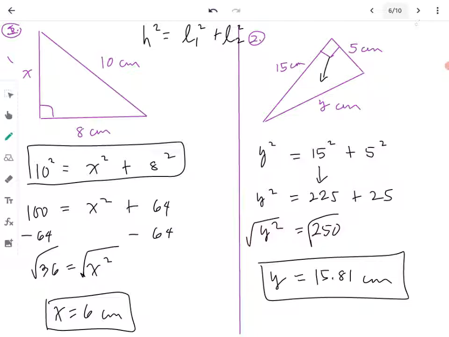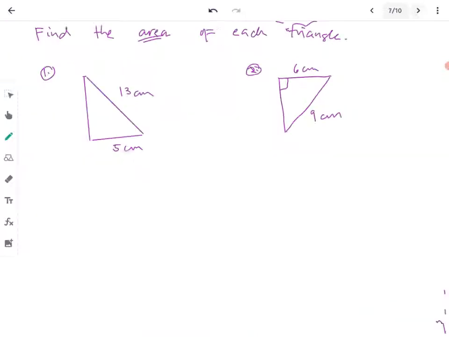Now we can also use the Pythagorean theorem to connect it to the area of the triangle. Remember that the instruction here is to find the area of each triangle. We know that the area of a triangle is given by one half the base times the height.